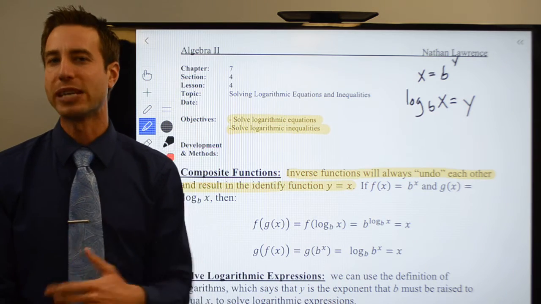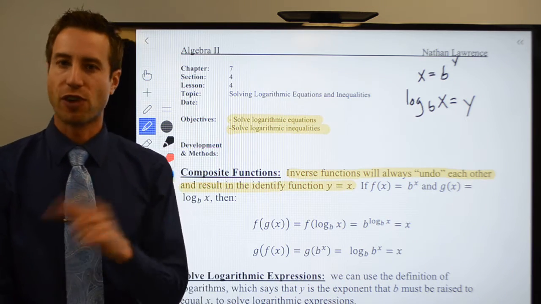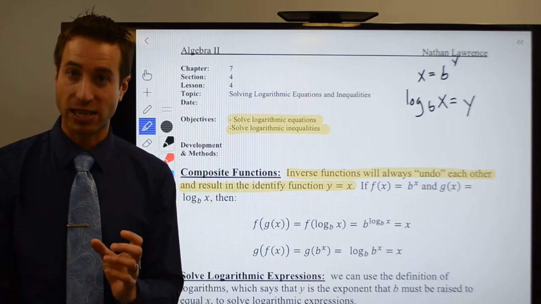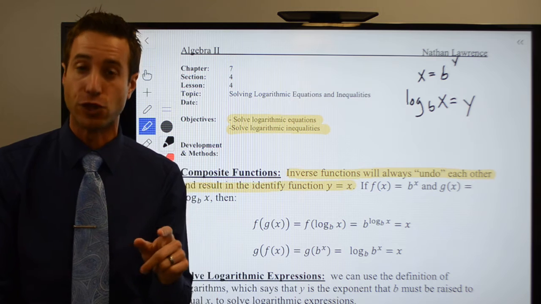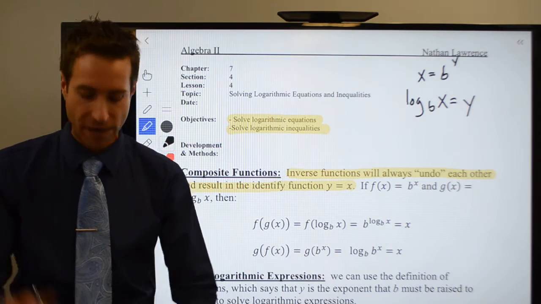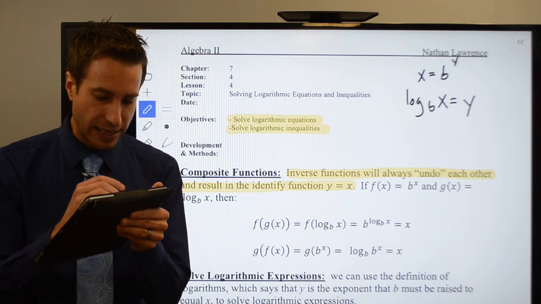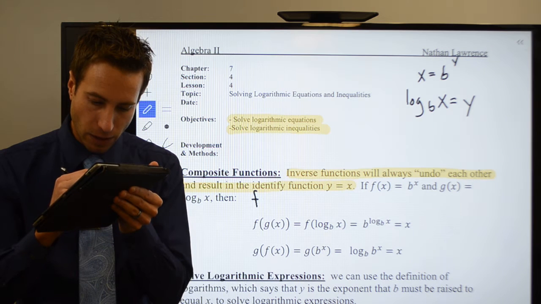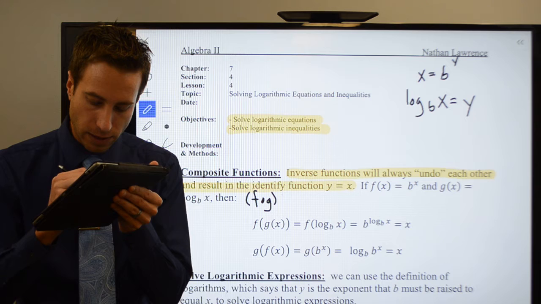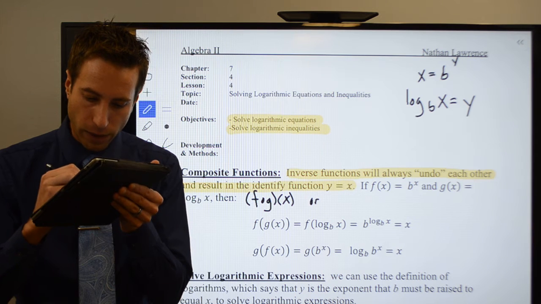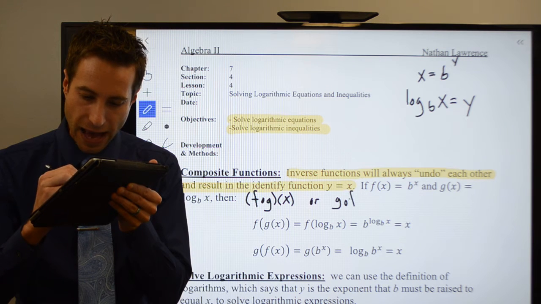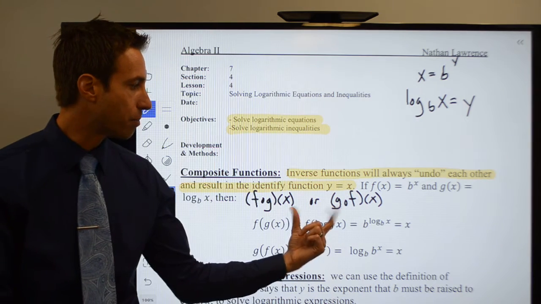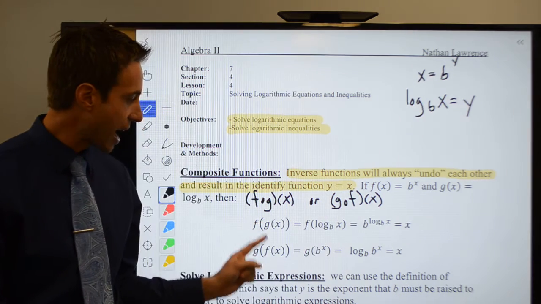We saw that when we spent a lot of time on inverse functions a chapter or two ago. When you do the composite functions, f of g of x or g of f of x, you'll remember that those were written this way. Either one of those composite functions, both of which I have written here.